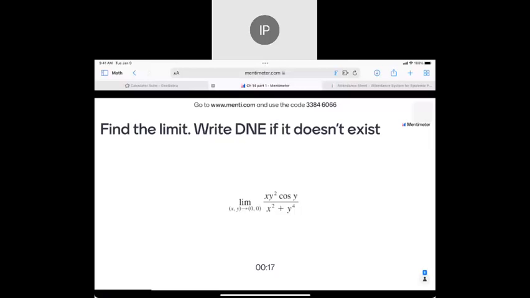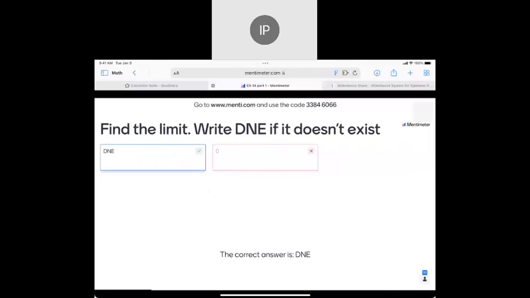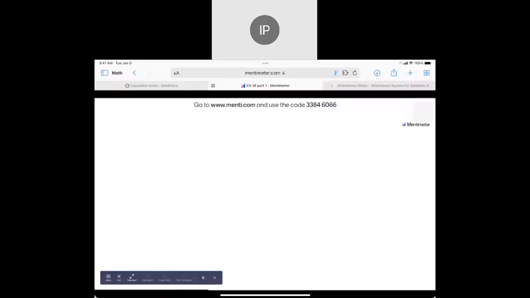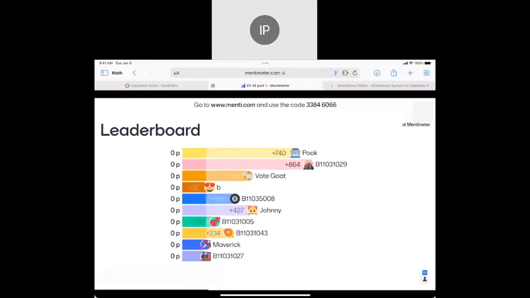Okay, the answer is it doesn't exist. You can check y equals x if you want, and check when y equals 0 or x equals 0, it will give a different answer. Okay, next question, the second one.